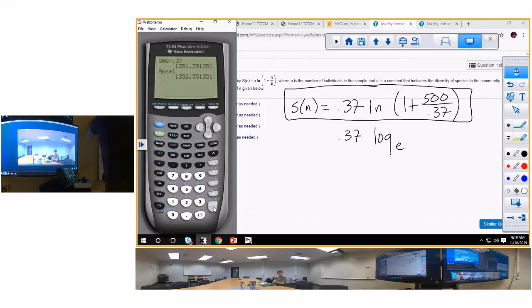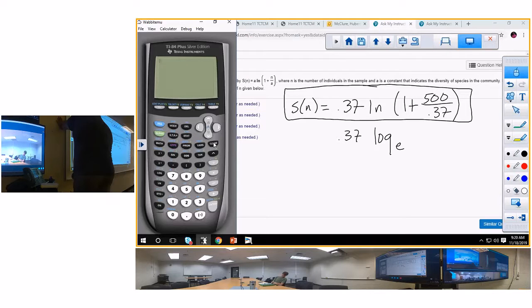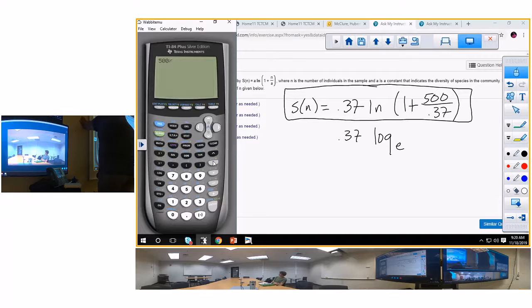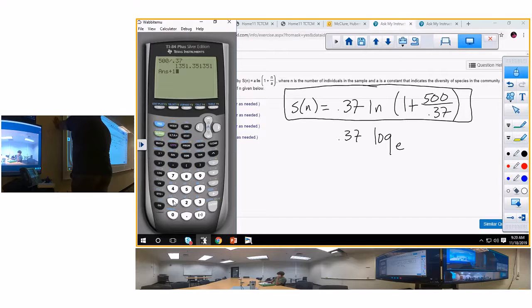So natural log of inverse answer, close parentheses. Do it again: 500 divided by 0.37 equals, plus 1 equals. Now let me try it again.